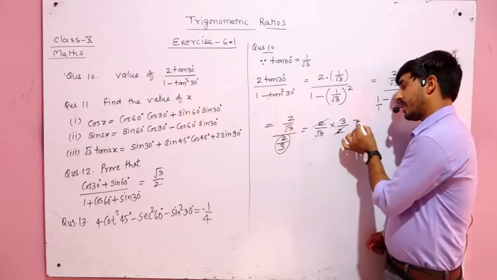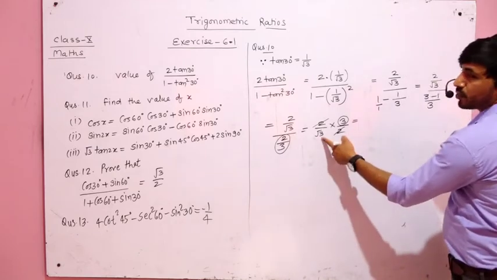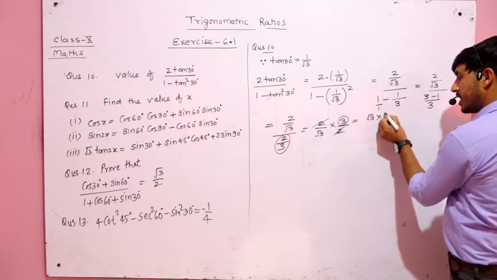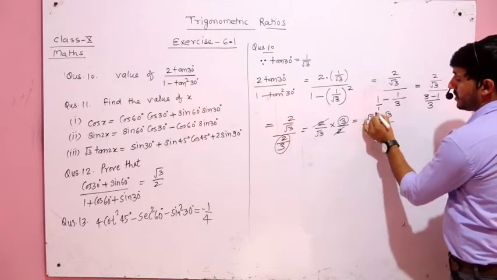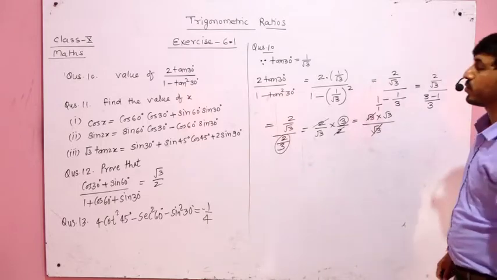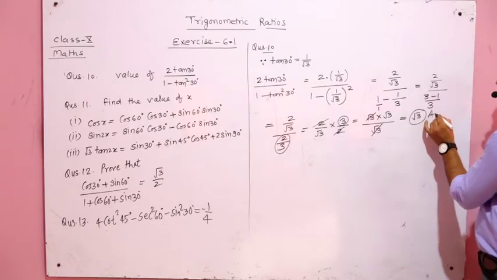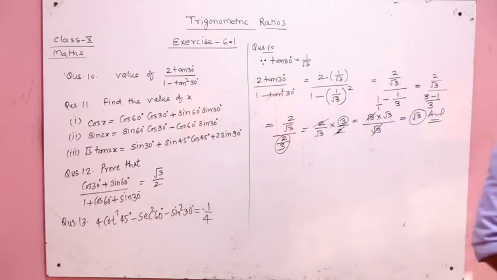As 3 is written here, we can write 3 as root 3 into root 3, divided by root 3. Root 3 is cancelled by root 3, so we obtain root 3 as the answer. Question number 10 is solved.